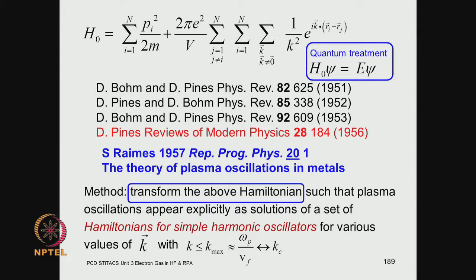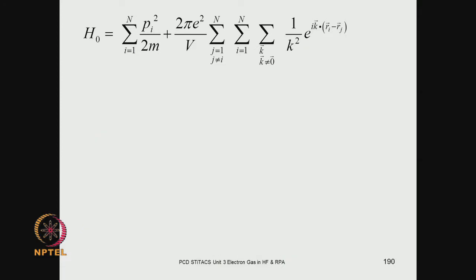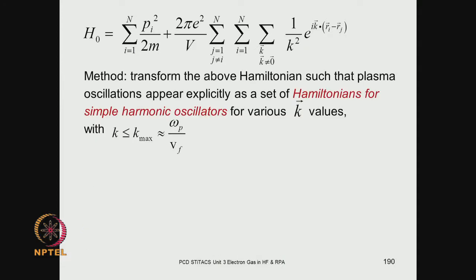So, the method rests on the transformation of this Hamiltonian, and some of you will be reminded of the method of transforming the Hamiltonian that we discussed in a completely different context, in relativistic quantum mechanics when we did the Dirac equation.